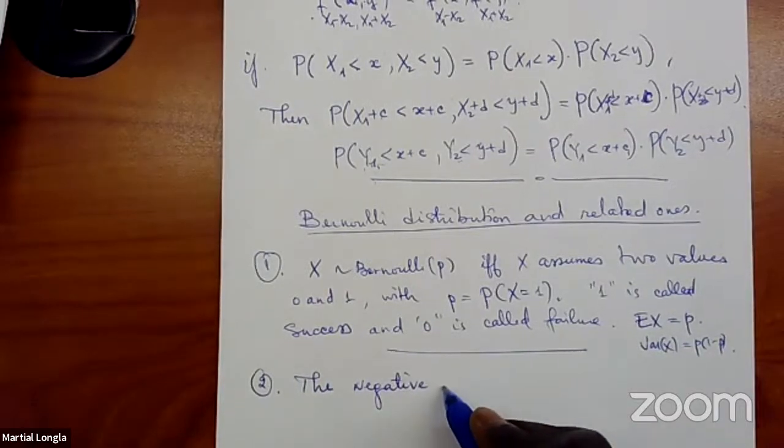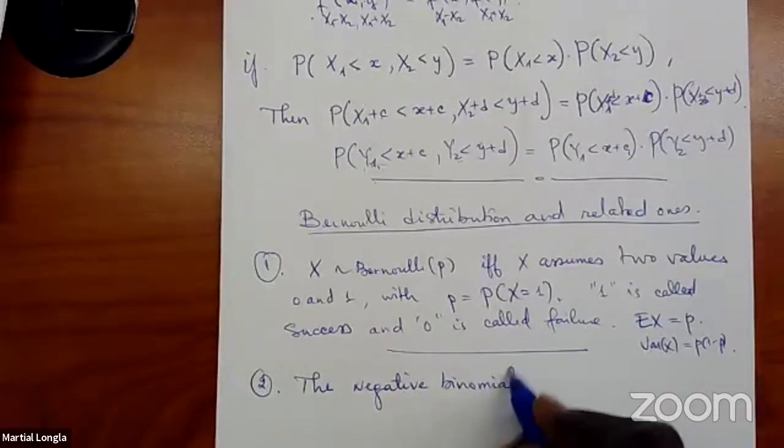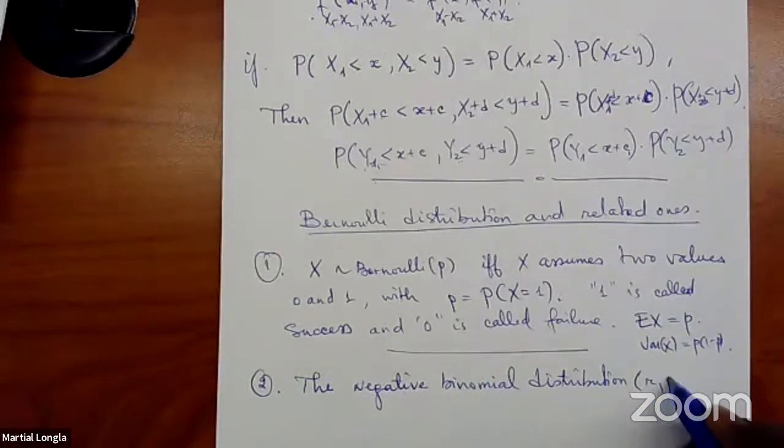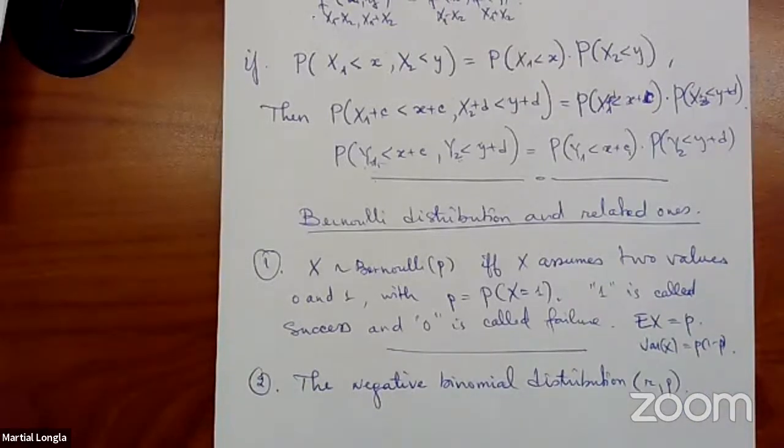The negative binomial distribution, with parameters R and P. From the Bernoulli distribution, we defined last time what we call the binomial distribution, which arises from repeating independent Bernoulli experiments, repeating the same experiment several times, and then counting the number of successes.